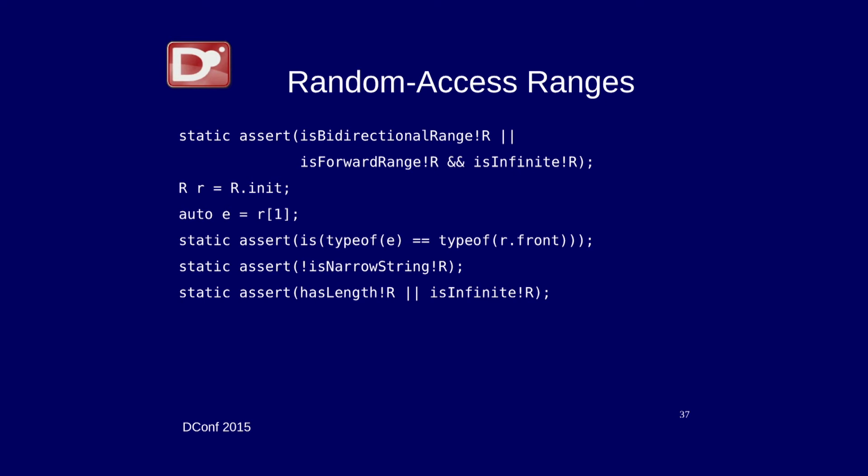I don't remember why hasSlicing isn't part of this, but it's not. So we actually have to check those separately if you want to be slicing ranges. The part at the bottom that I'm not showing you has to do with opDollar. Both hasSlicing and random access ranges verify that opDollar has the correct semantics if you declare it.